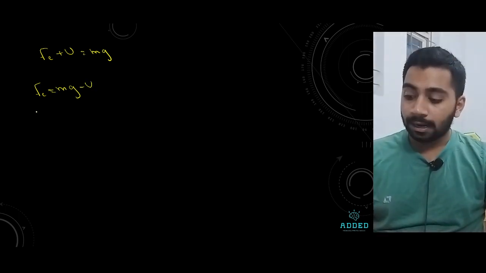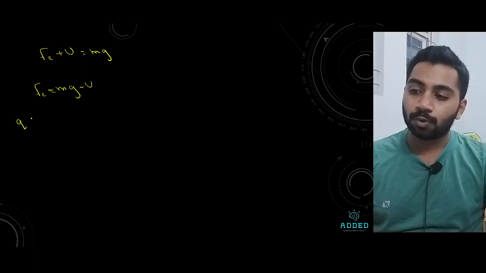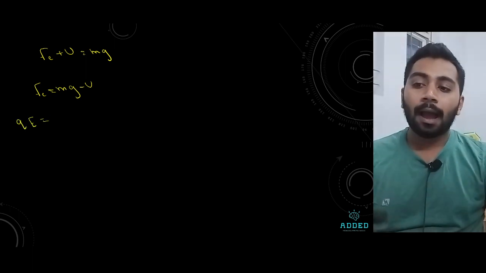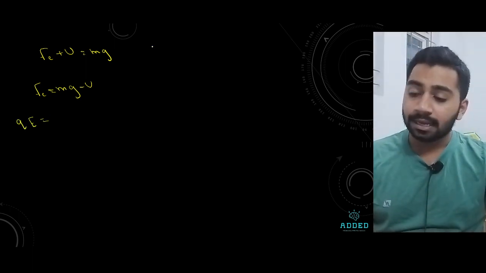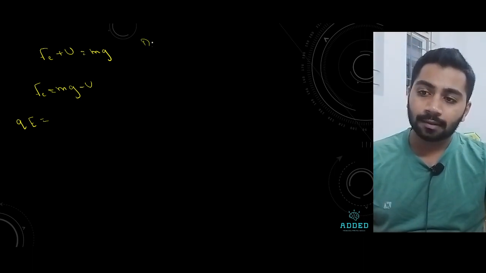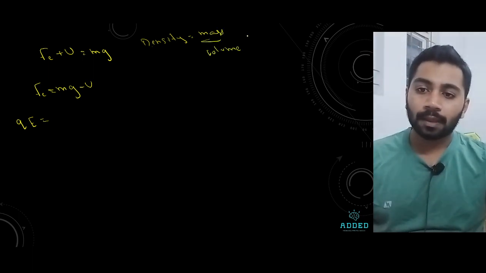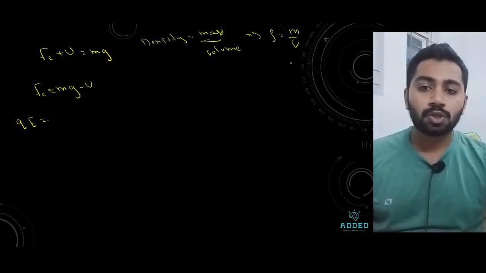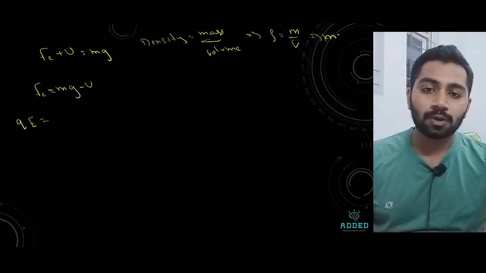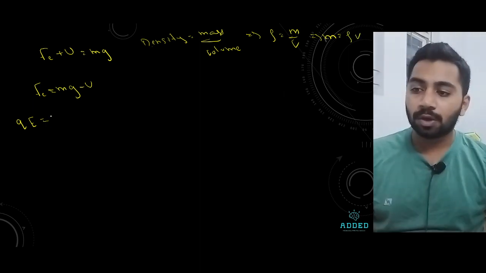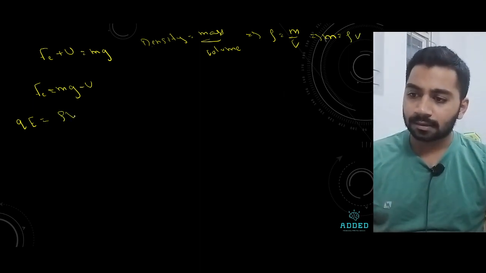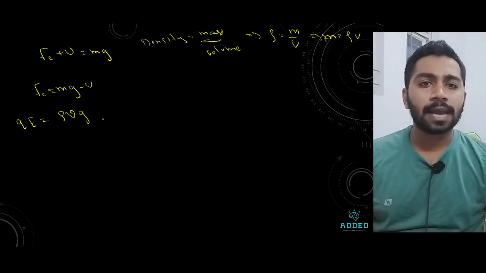And this we know: electric force is equal to qE. And for mg, density is equal to mass by volume, which means mass is equal to density into volume. So in the place of m, can I write this? Yes, of course I can.